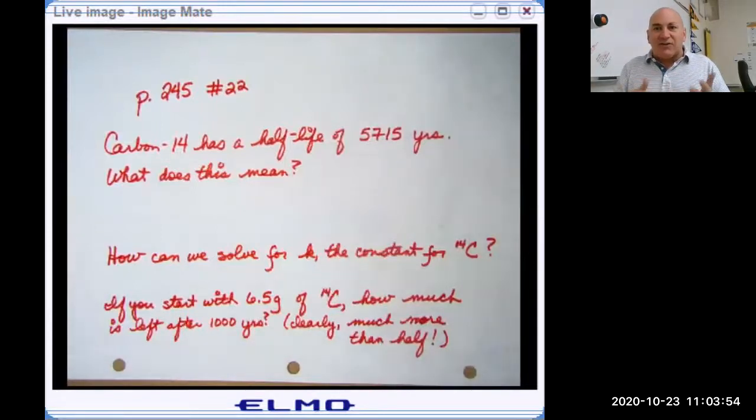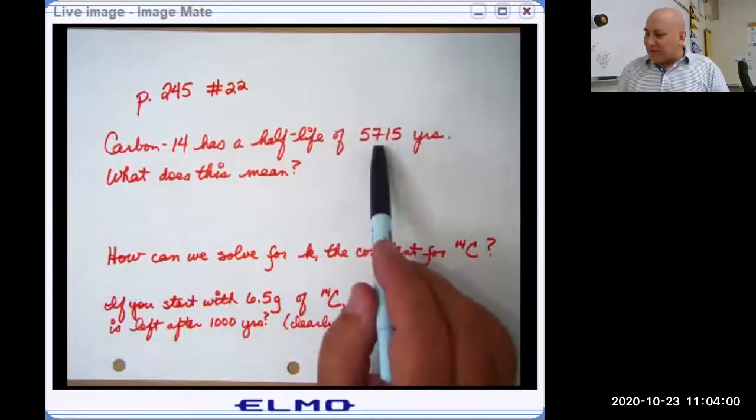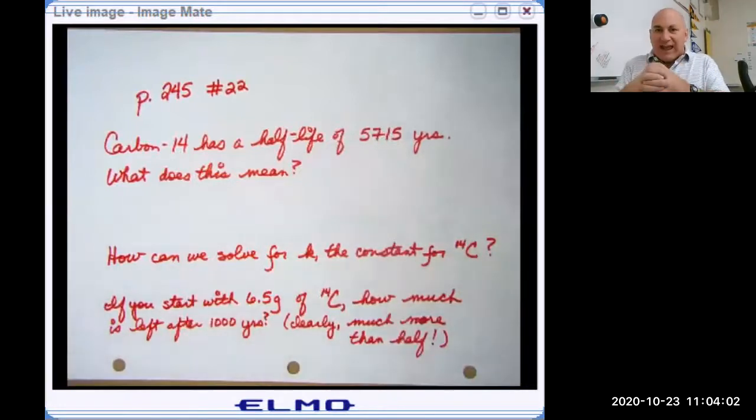It's converted into some other material. So after 5,715 years, only half of the carbon-14 is still carbon-14. After another 5,715 years, you've got half of that half, so only 1/4 of the original amount is still carbon-14. The rest is something else.